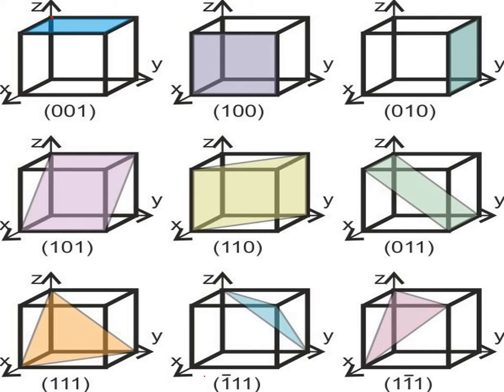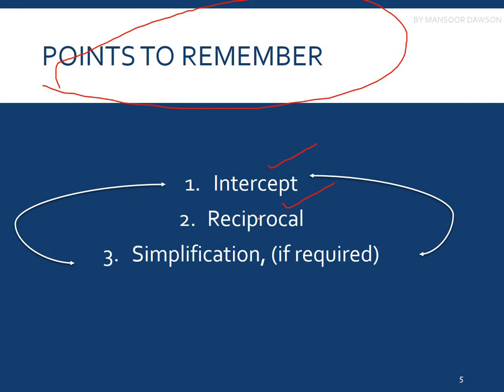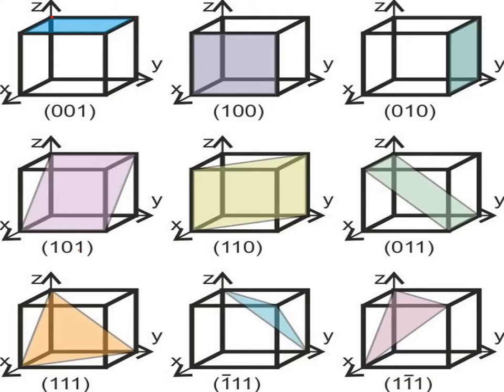Then we have (111), (-111), and (1-11). So we'll be practicing some of it, and some of it you have to practice on your own. We'll be following these three steps: intercept, reciprocal, and simplification, or the reverse of it.